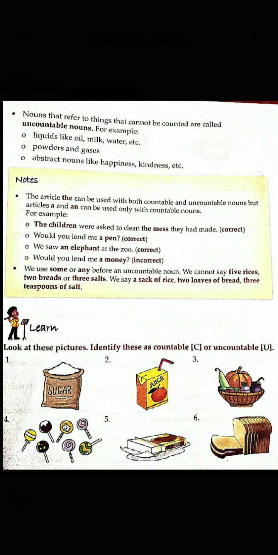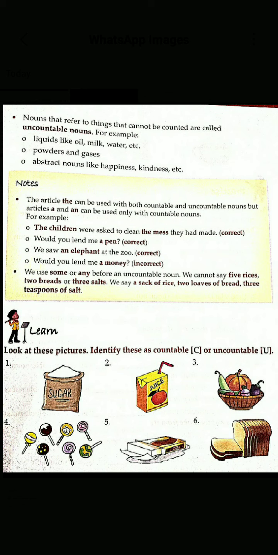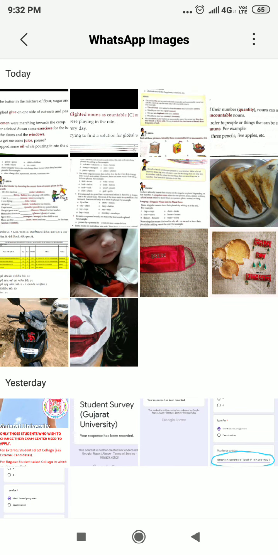Fourth one is chocolates or toffees. It is countable. Fifth one is butter. We cannot count butter into digits, so it is uncountable. Sixth one is breads. We can count it, so it is countable.